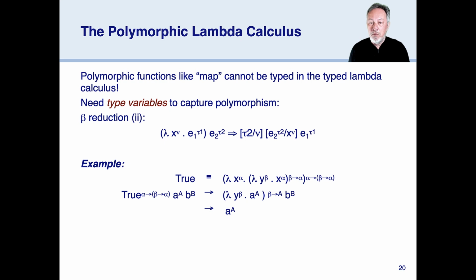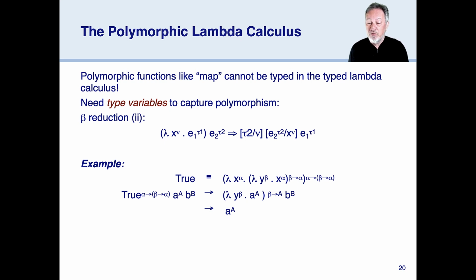And now if we do a beta reduction here, we actually do two substitutions. We want to substitute for every x in the body e1 the value e2.